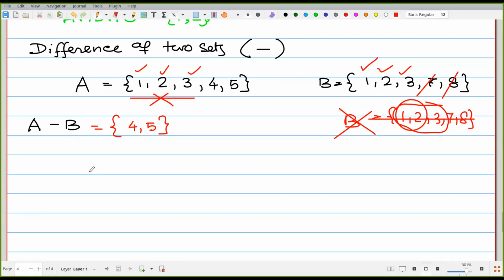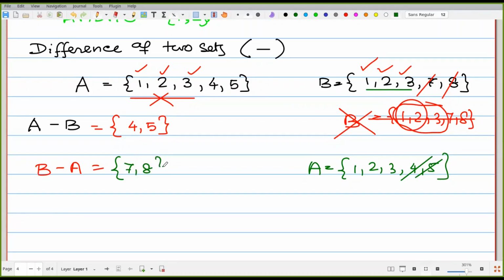In the same way, suppose we have B minus A. What is happening here? Remove all the elements of set A at first, that is 1, 2, 3, 4, 5. So 4 and 5 must not be there. And we have 1, 2, 3 as common to A and B both, so 1, 2, 3 would be deleted and the result would be 7, 8.